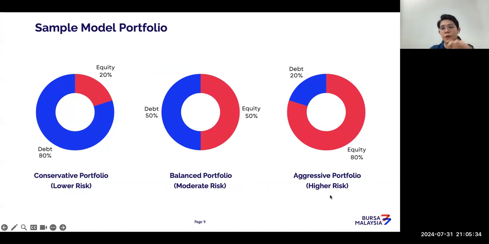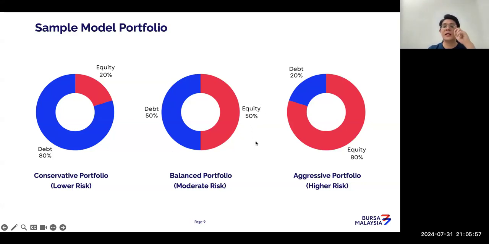That is too extreme already. Maybe you can apply a 10% plus or minus difference. When the stock market is good, maybe I can reduce 10% from the bond market and add 10% to the equity, from 50% to 60%.